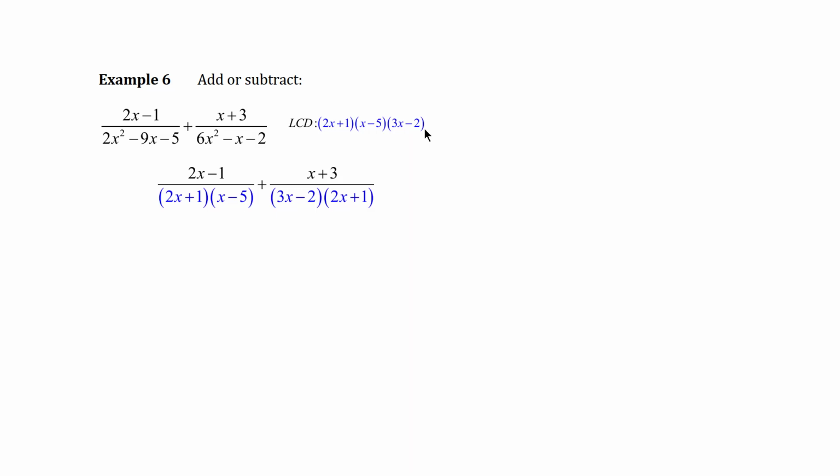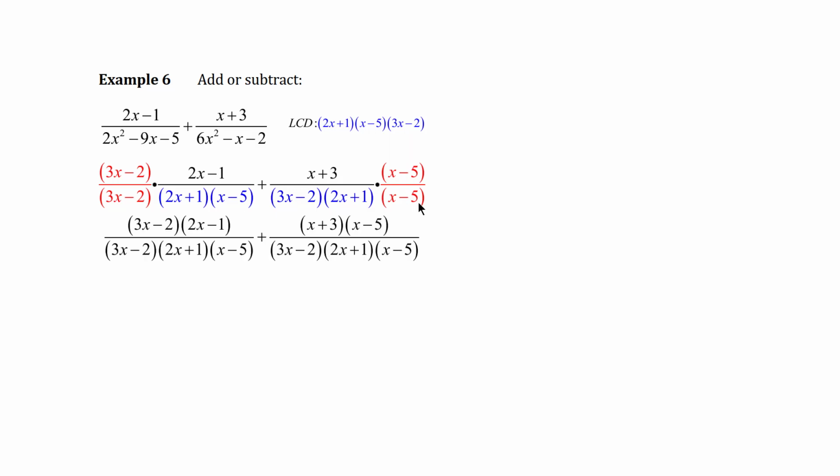For the first fraction, we're only missing the 3x minus 2 from the LCD, so we multiply the first fraction by 3x minus 2 over 3x minus 2. For the second fraction, the denominator is only missing the x minus 5 from the LCD, so we multiply the second fraction by x minus 5 over x minus 5.